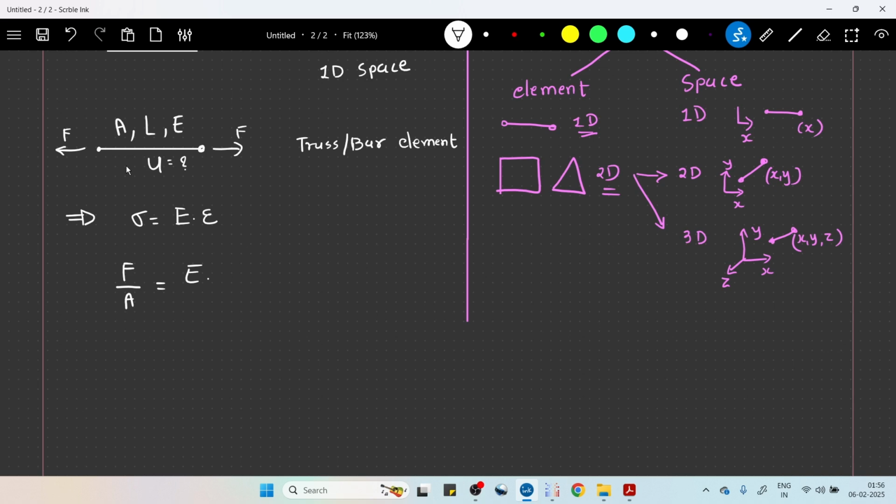Strain is displacement divided by original length. So I did nothing, this is just the stress strain relationship. Since I have A, L, E and F, I just converted them in terms of F, A, E, L. So I can write F is equal to A E by L into u.